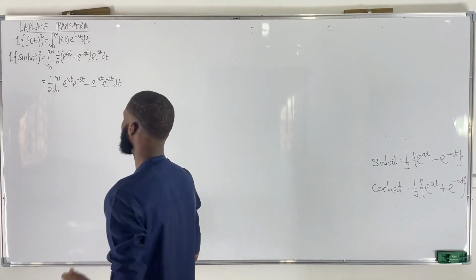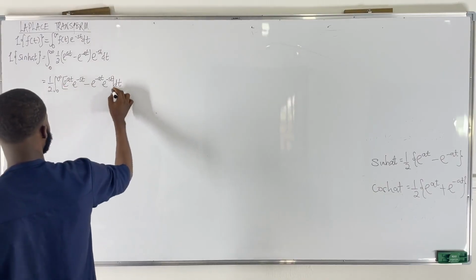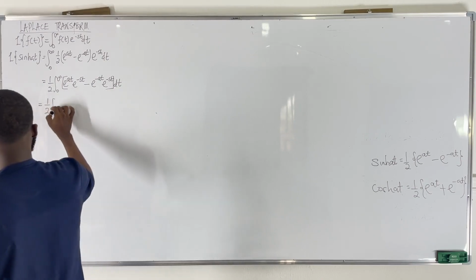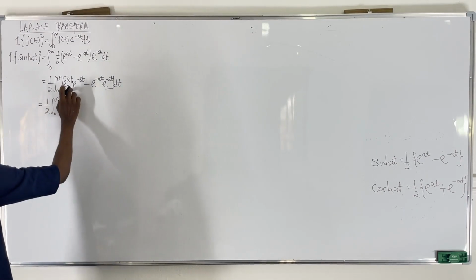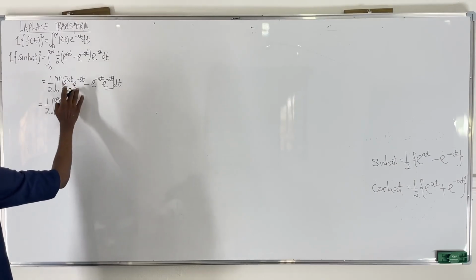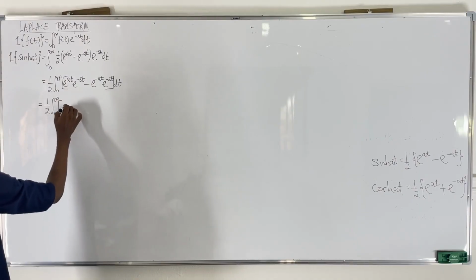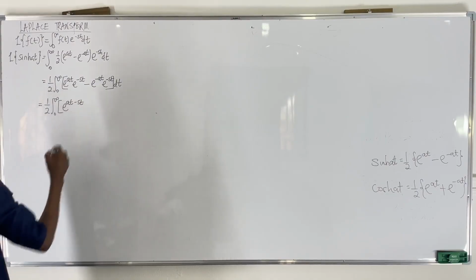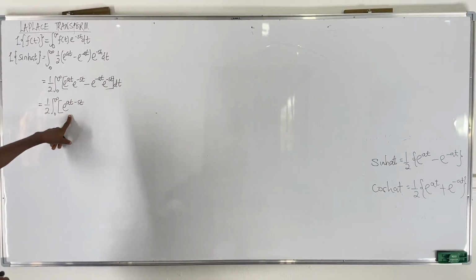So next, this will become half integral from 0 to infinity. I'm just going to leave it like that so you do not get confused. This will become e to the at minus st. What I've just done is apply the rule of indices.